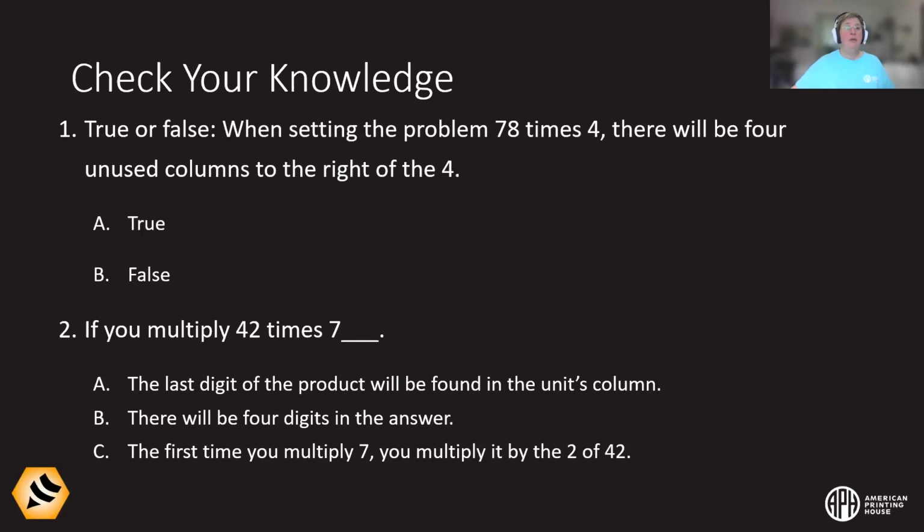The first one says, when setting the problem 78 times 4, there will be 4 columns to the right of the 4 unused columns when setting the problem. All you've done is set it. When you've set 78 times 4.